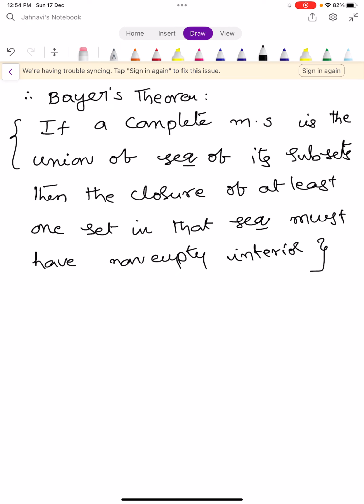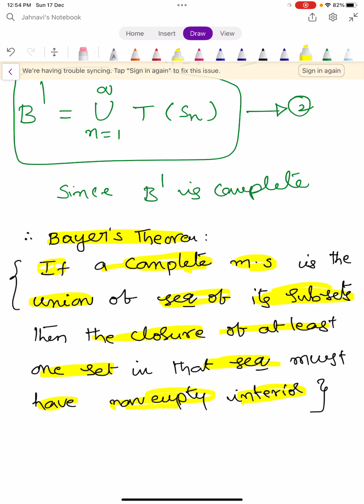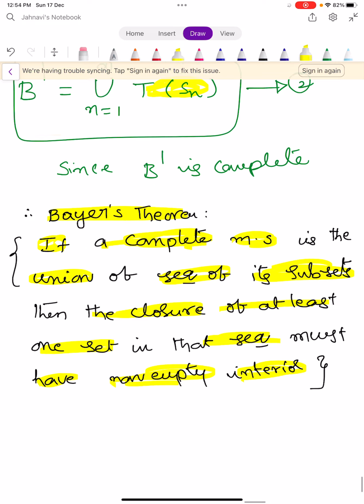Remember that this is known as Baire's theorem. You practice this theorem, you learn this statement by heart. Baire's theorem states that if a complete metric space is the union of a sequence of its subsets, then the closure of at least one set in that sequence must have non-empty interior. Here B dash is also a union of a sequence of its subsets.